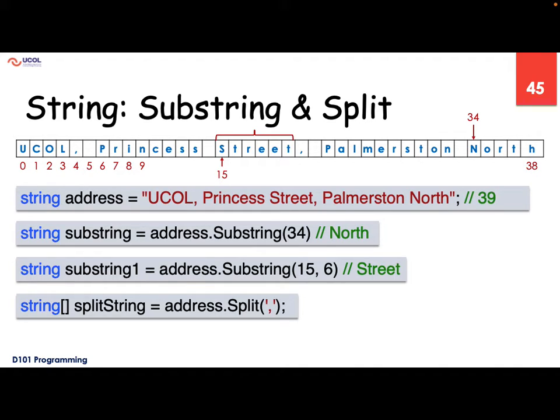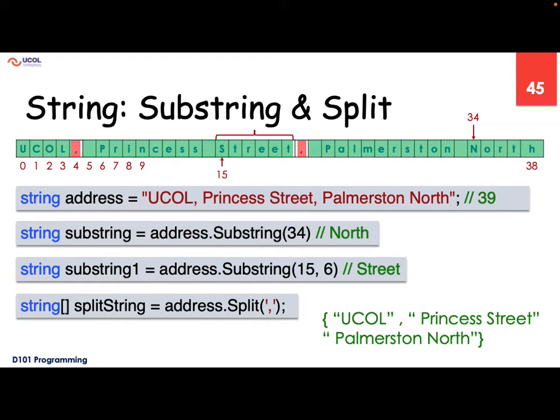We have a comma after the street. So what will happen here? It will find those commas in that string and make an array or collection of strings. Now this one will become the first string, this is the second string, and this is the third string. And it will return me a collection.